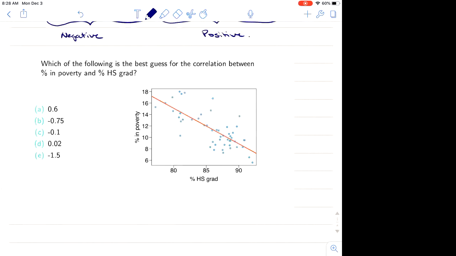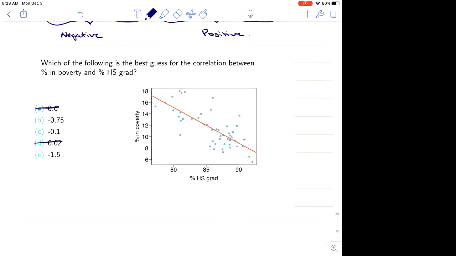Okay. So the first thing we see is that we have a negative relationship, so anything that's positive is out. Okay. So A is positive, D is positive, so those are out.